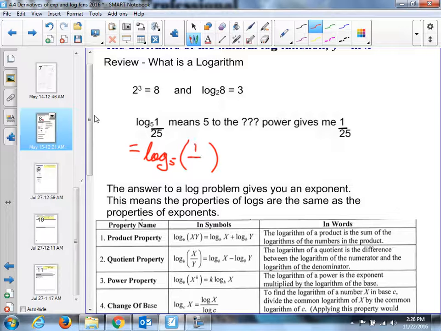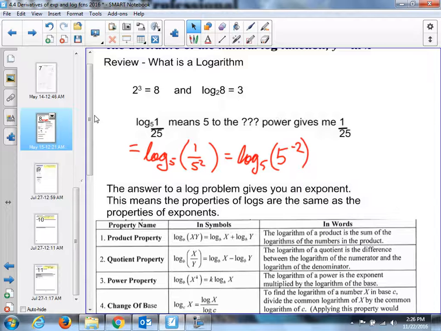Maybe in your head you said, well, it's 1/5 squared, and then you said log base 5 of 5 to the -2. Is that maybe what you said? Then it's very easy. 5 to the what gives me 5 to the -2? Well, that's super obvious then, right?